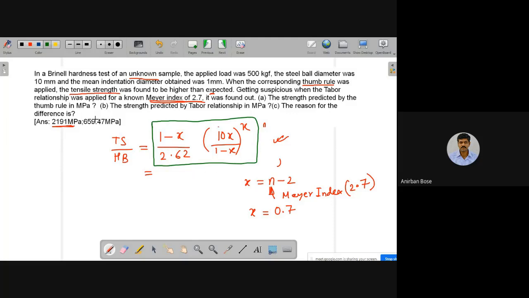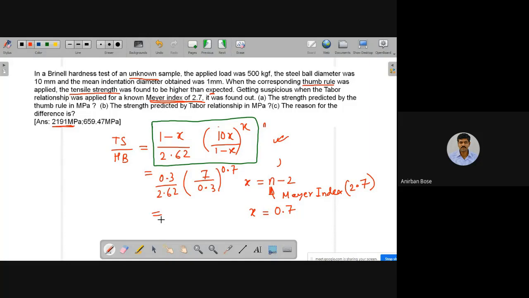If you do this calculation, you will get 1 minus x, that means 0.3, divided by 2.62. And here you see 1 minus x is 0.3 and 10x is 7 to the power x, that is 0.7. Please do this calculation and see what the value is.